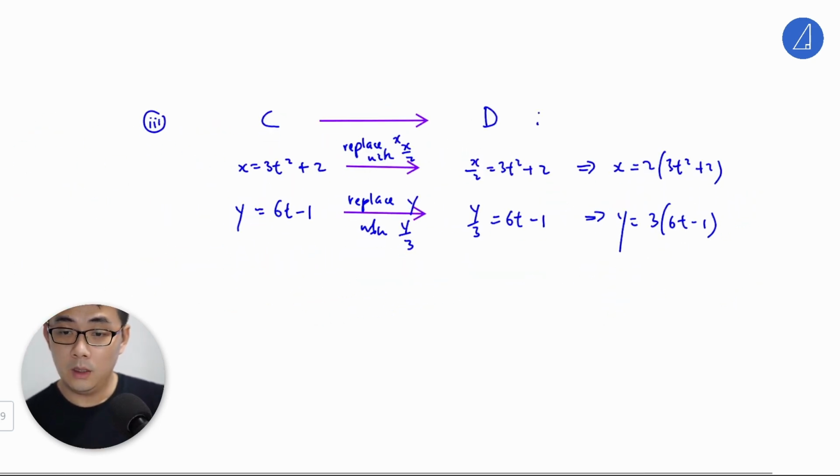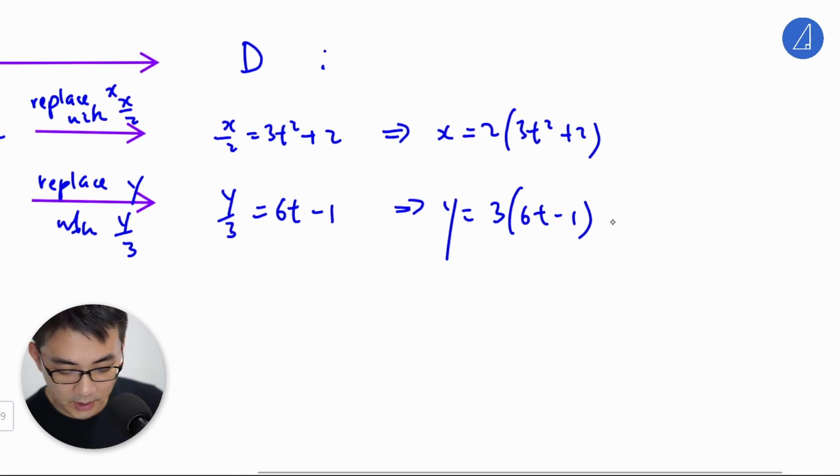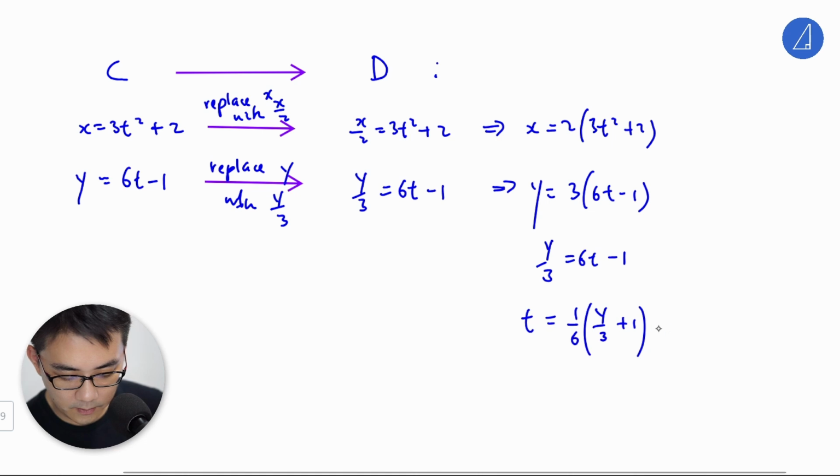Of course, we just need the Cartesian equation. We don't really need the boundary. So from here, I just make t the subject. From y equals 18t minus 3, t is equal to y plus 3 over 18.